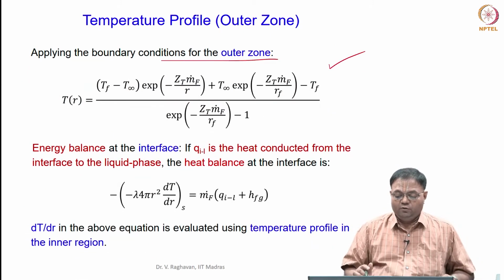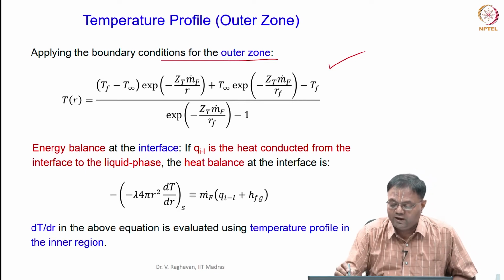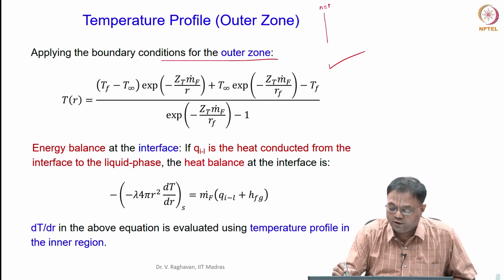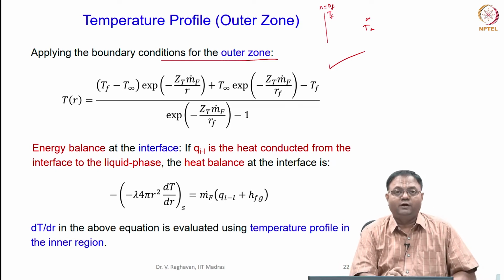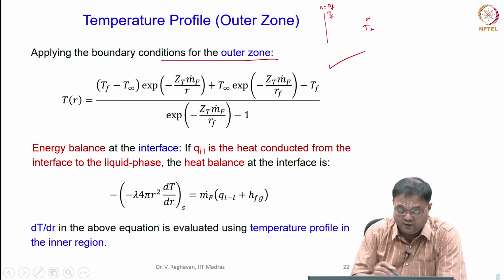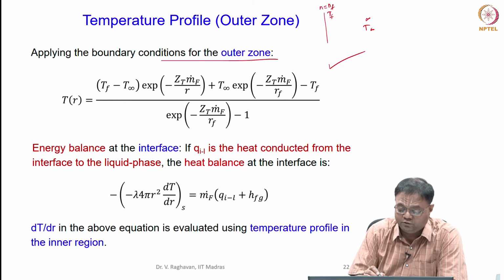Similarly, here you get the outer zone. In the outer zone you have the flame, R equal to Rf, Tf is the temperature here, and as you go to infinity you get T infinity. So now you can substitute here and see. If R goes to infinity, this will be infinity, so this will be 1.